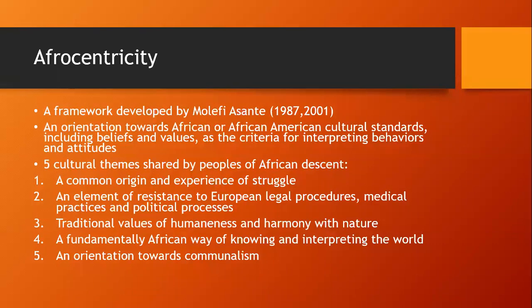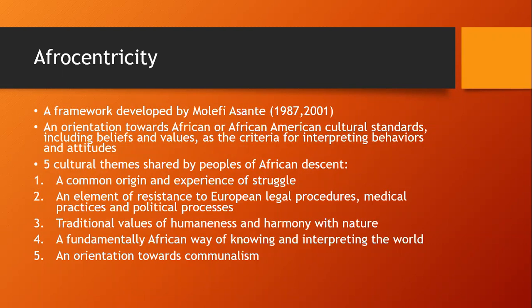There are 5 cultural themes shared by people of African descent. The first one is common origin and experience of struggle. When we talk about African descent, it's always about how they struggled their way through getting equal rights, for example in the United States, equal rights between white people and people of color. The second one is an element of resistance to European legal procedures, medical practices, and political processes. The third one is traditional values of humaneness and harmony with nature.